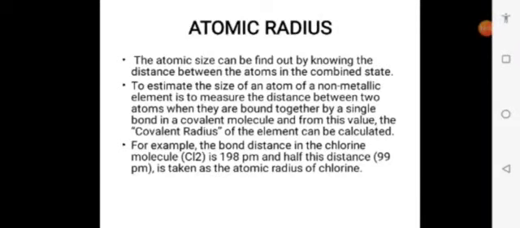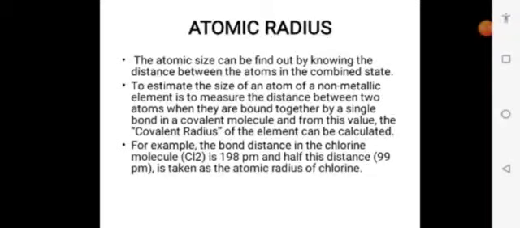So first one, atomic radius. Atomic radius means the distance from the nucleus to the outermost shell. When we move in a particular group, that is, up to down, the number of shells increases, so atomic radius also increases.